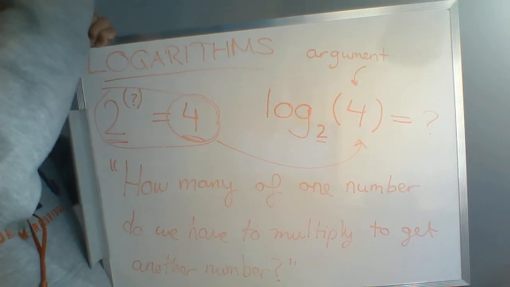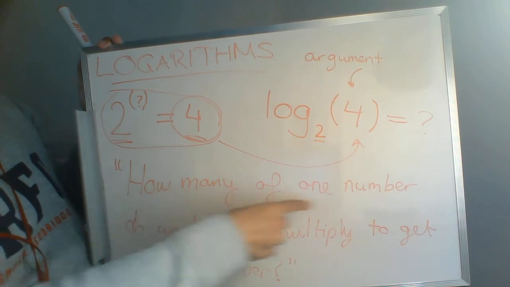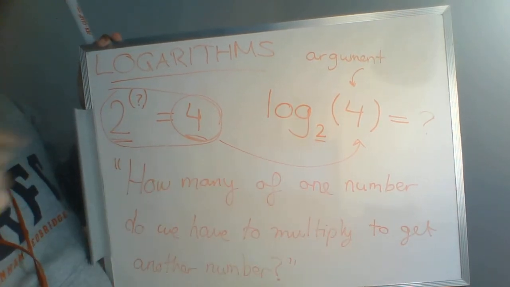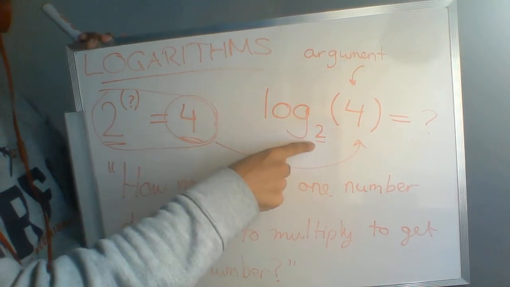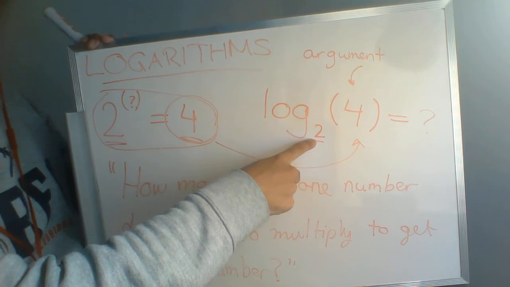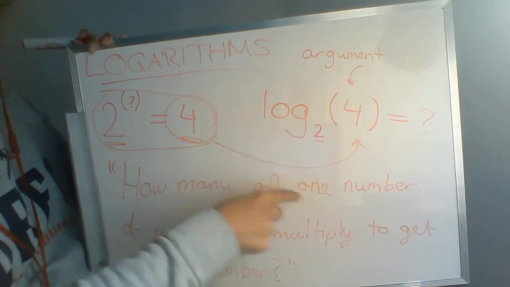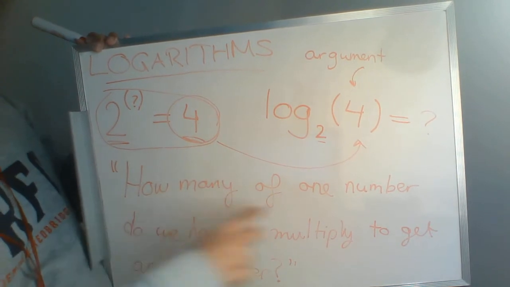So what this logarithm is asking us, if we look at our definition in words, is how many of one number. In this case, the number that we're going to be multiplying together over and over again is, when you write it out this way, the little guy down here. So in this particular question, it's the number 2. How many of the number 2, that's the one number that we're multiplying over and over again, do we have to multiply together?